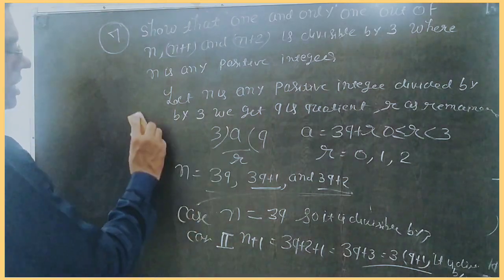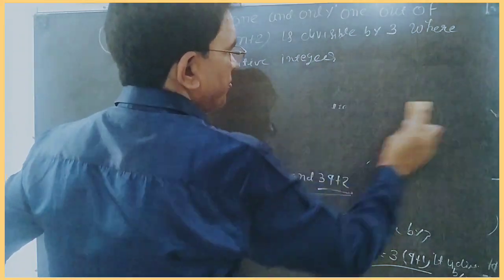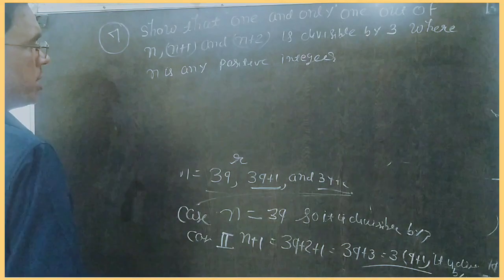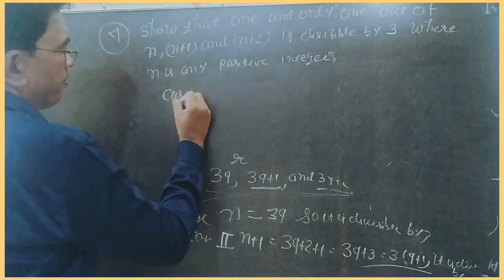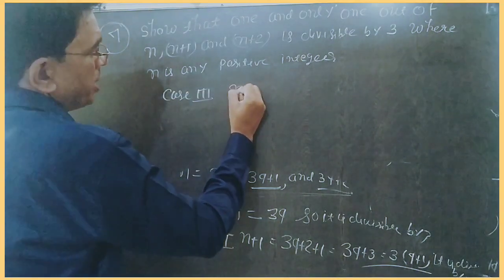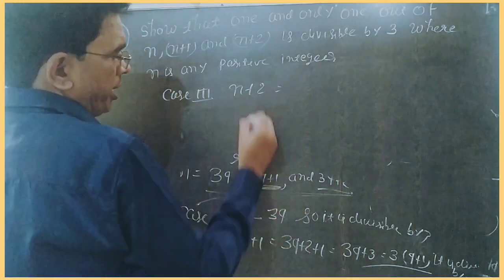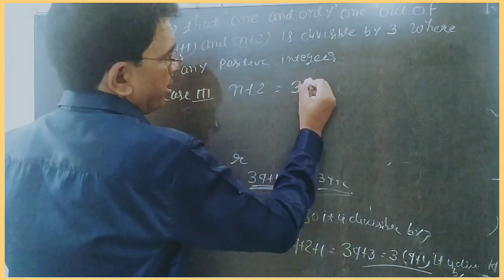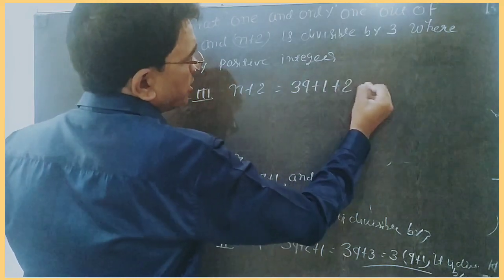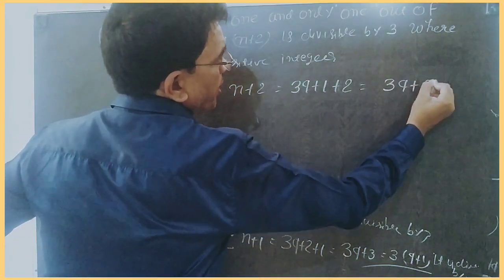And last case is n plus 2. So last case, case 3. And your option is n plus 2. Then you write this at the place of n: 3q plus 1 and plus 2. What you get? 3q plus 3.